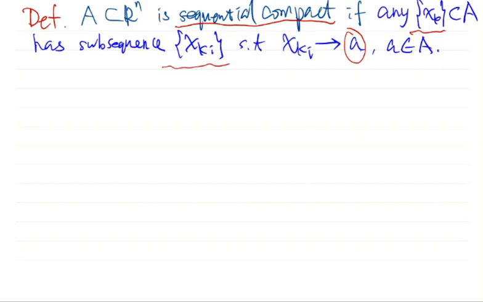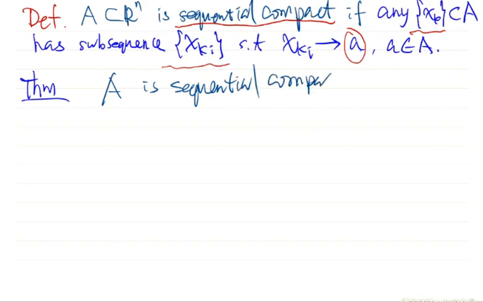We have a very simple theorem which describes sequentially compact sets completely and very easily. The result is that A is sequentially compact if and only if A is bounded and closed.